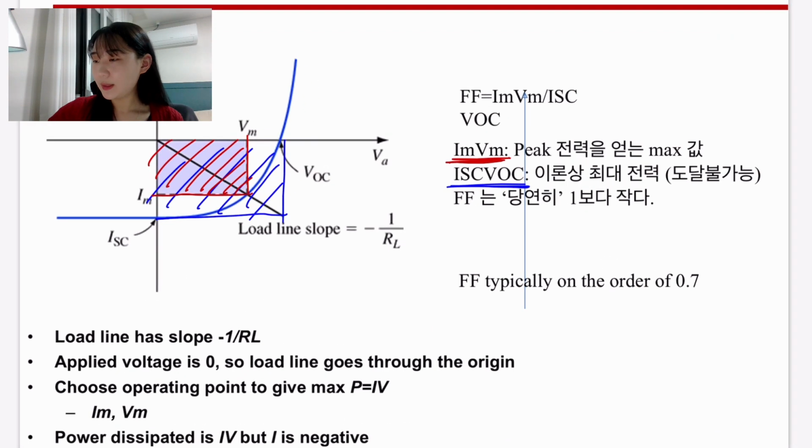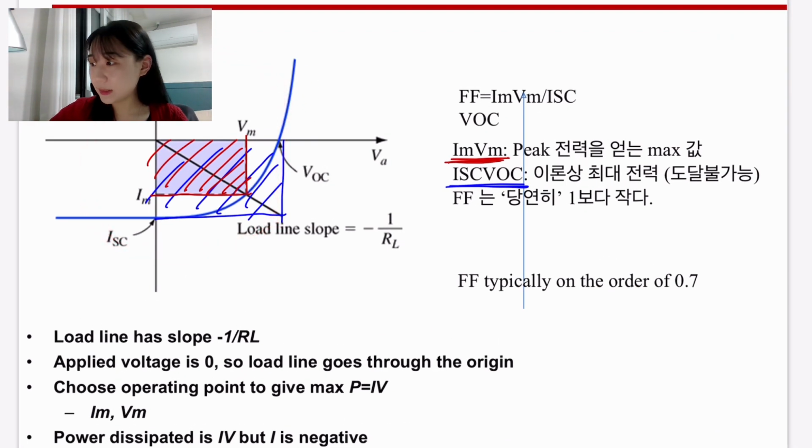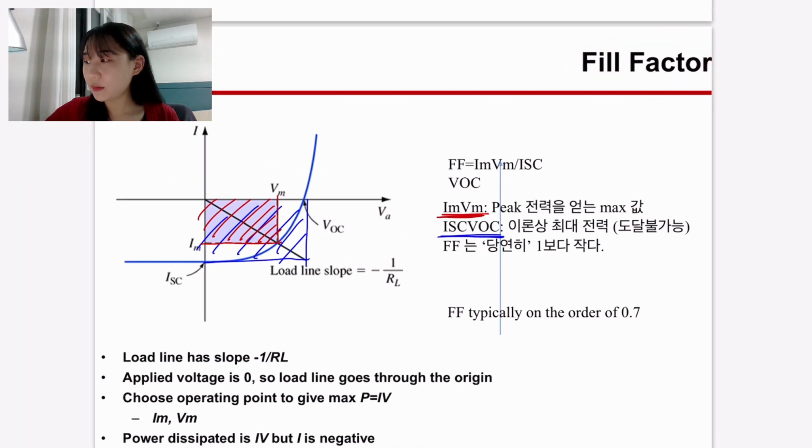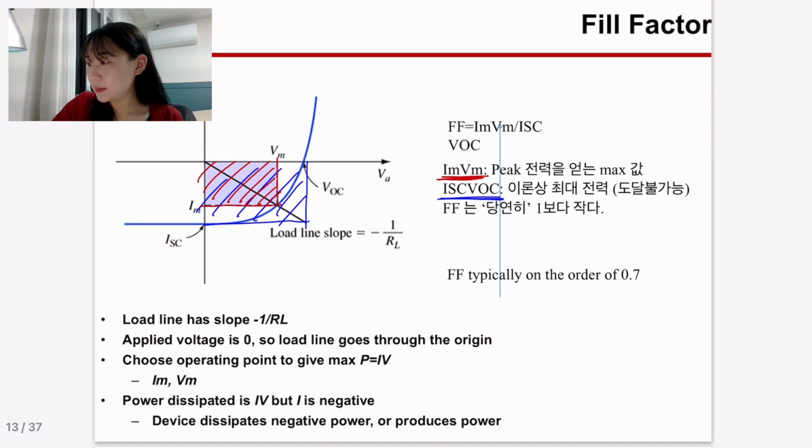And in this IV characteristic, the product of Vm and Im is this square. This square is the maximum power that can be obtained, and this blue square means the ideal maximum power, and we can get the fill factor from this equation.